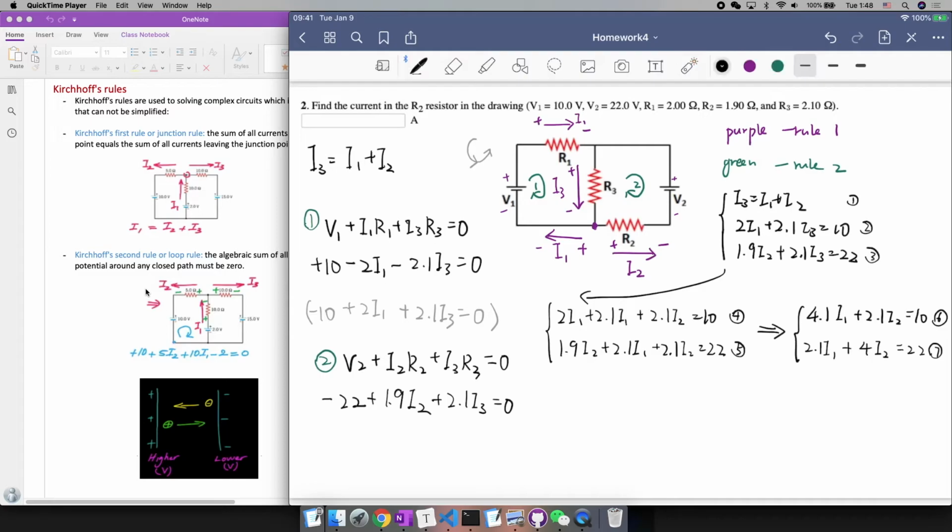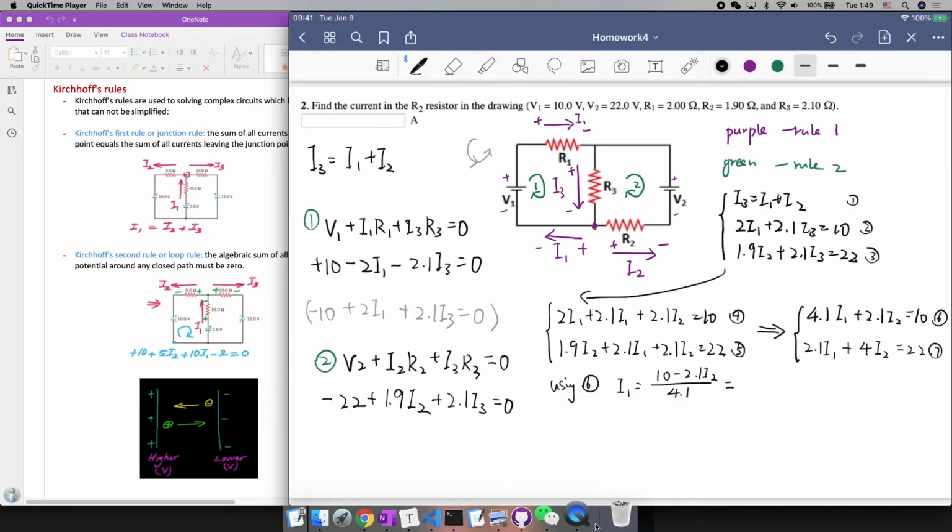All right, so first let's use equation 6. So I1 equals 4.1, and the numerator is 10. Wait, how do I... oh yeah, minus 2.1 equals.